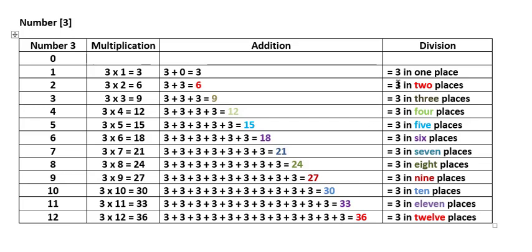If we want to check out the division part of it, we can look at, for example, 3 times 5. That is 3 in 5 places. If we try to divide 15 by 3, it will equal 5.